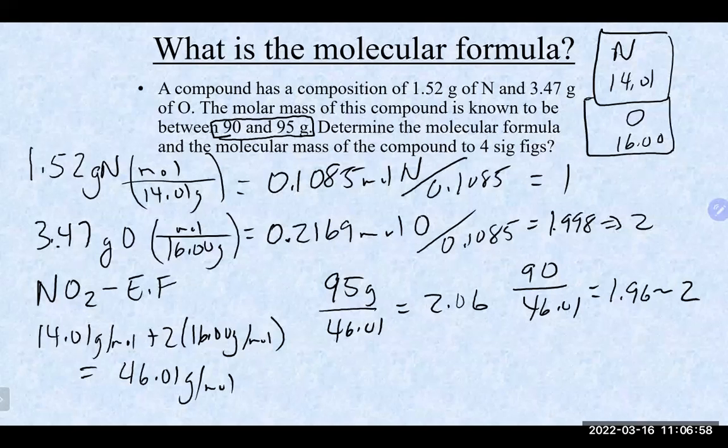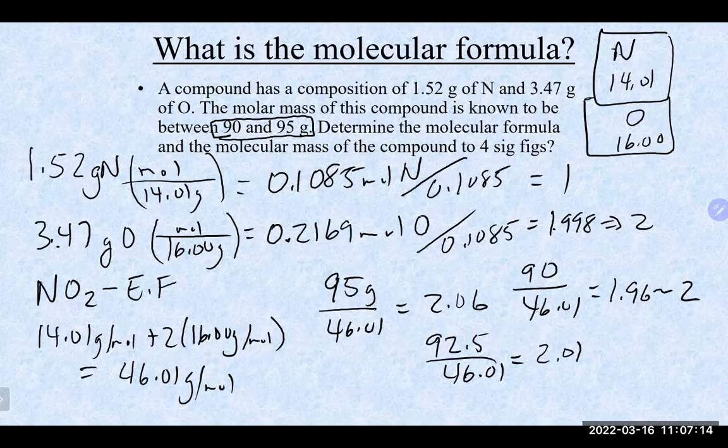And if you felt like, hey, why don't we just go right dead in the middle there at 92.5, you obviously don't need to do all 3 of the calculations. You can pick any one of them. This gives you like a 2.01. So no matter where you choose along that range, we are basically hitting 2 as our factor there to multiply our empirical formula by.